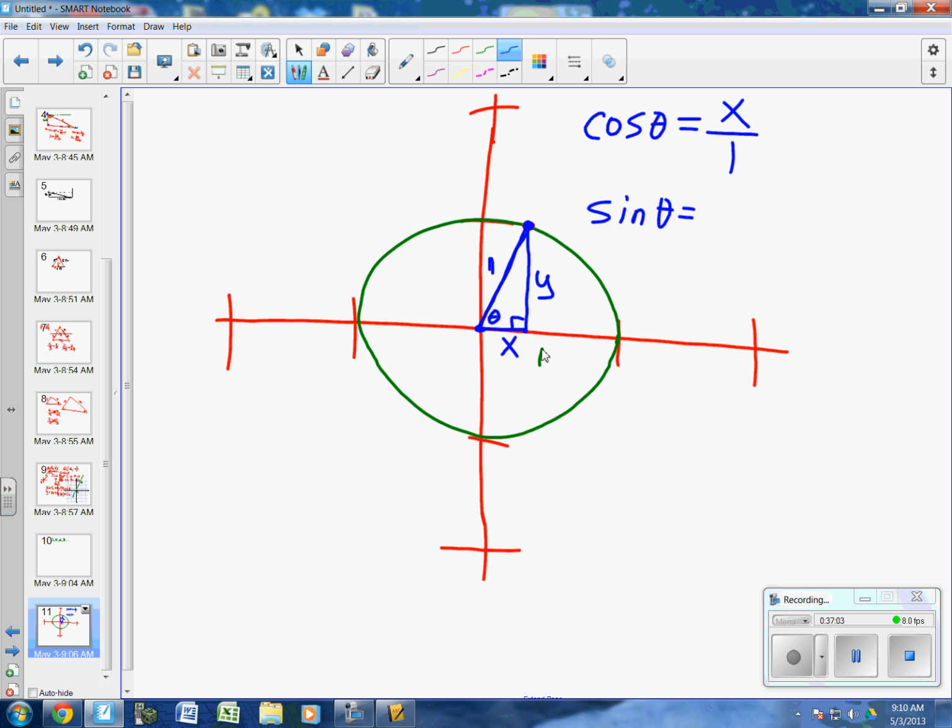So y is not as long as that. If we were defining sine right here, what would sine be? Y over 1, because it's opposite side over hypotenuse. Now, x over 1 is just equal to x, and y over 1 is just equal to y, right? So we have this now. Cosine of theta equals x.